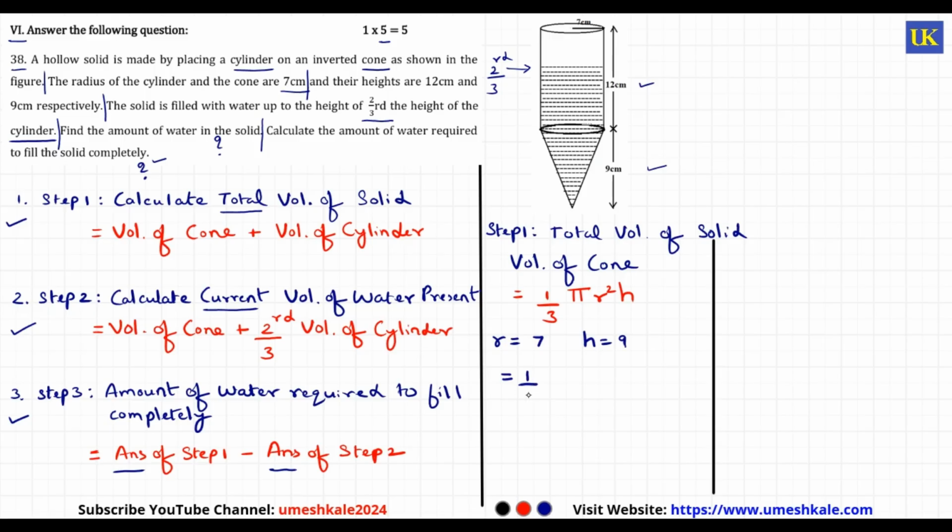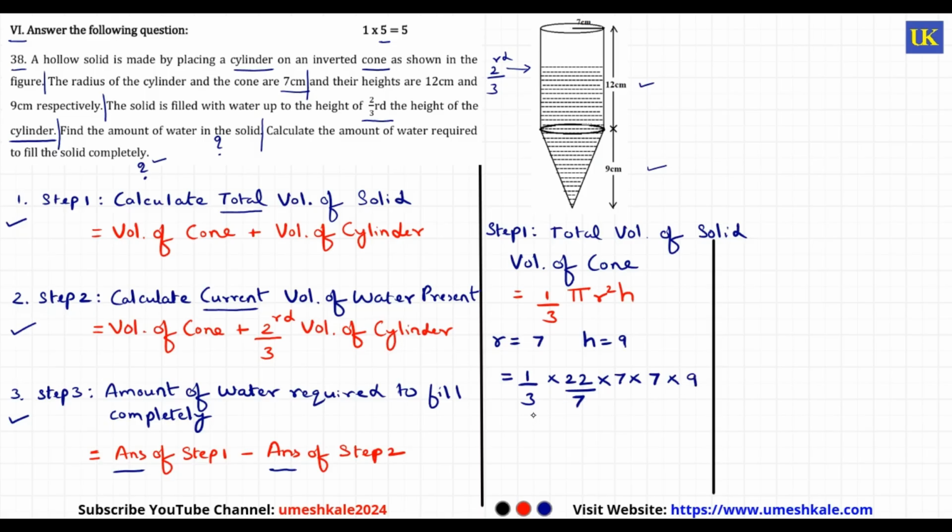So 1 by 3 into pi value, they have not asked us to take anything in particular, so we will take 22 by 7. Then radius is 7, it is square, so we'll write 2 times, and height into 9.